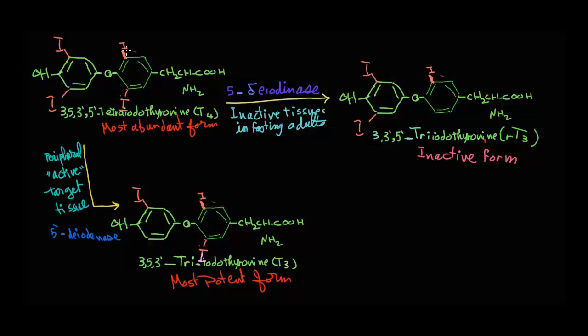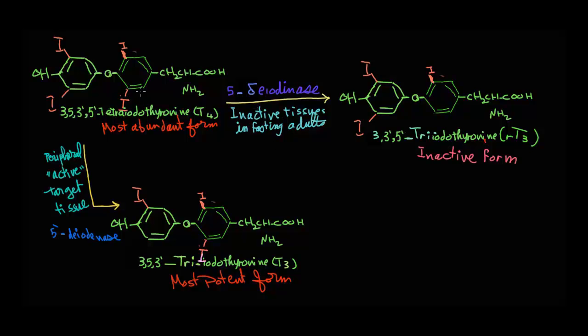On the other hand, T4 or tetraiodothyronine is converted in inactive tissues, for example in fasting adults, into an inactive form of thyroid hormones which is called RT3.